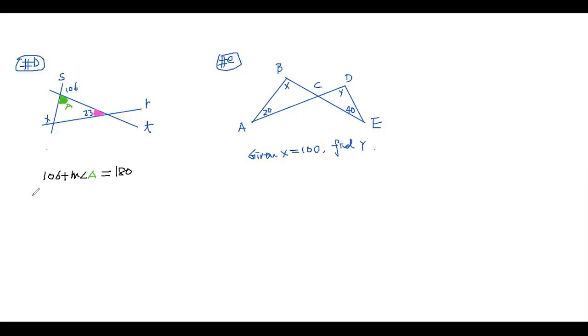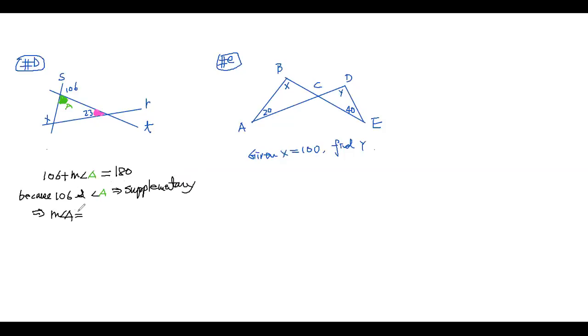Why? Because 106 and angle A, what type of angles are they? They are supplementary, right? They are on a line.